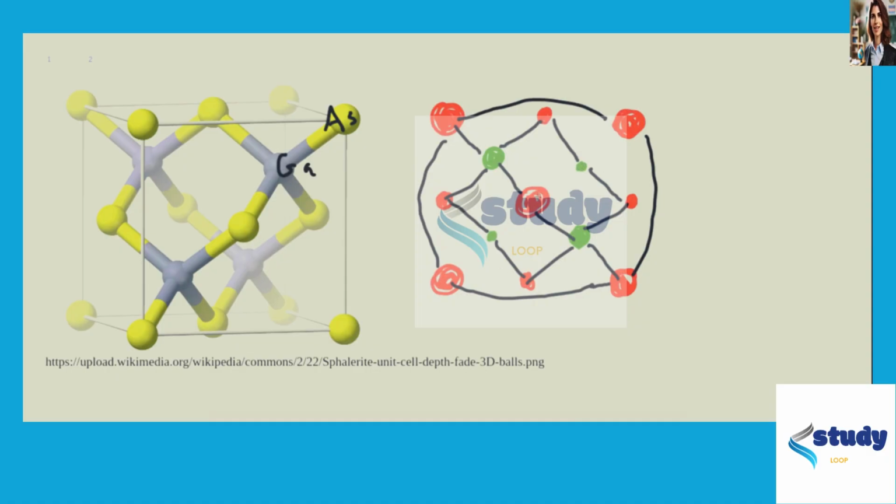And it's this sort of weird thing. This is called a cubic diamond lattice, except the diamonds have only carbon atoms here.